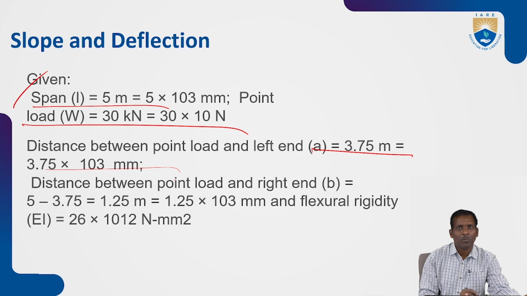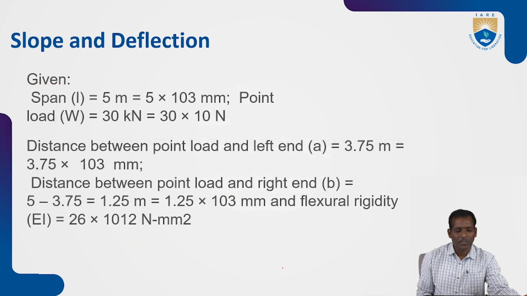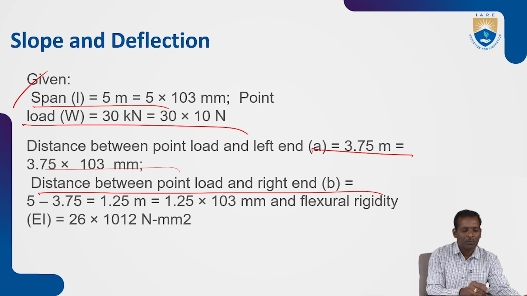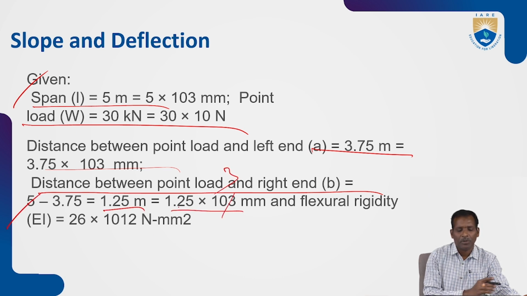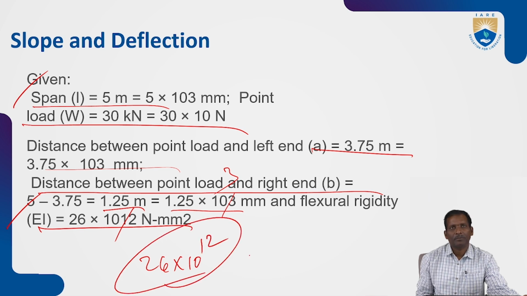The distance between the point load and the right hand B: total is 5, so 5 minus 3.75, you will get 1.25 meters. So that is 1.25 into 10 cube mm. And the flexural rigidity is given as 26 into 10 to the power of 12 Newton per mm square.